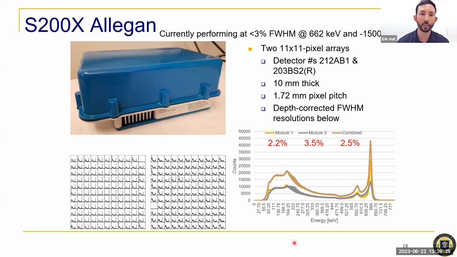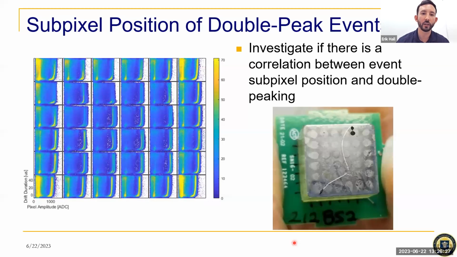A problem that we've been investigating is, if you remember back, we're looking for a photo peak across all depths of the crystal. But we noticed with these samples that if you look here, like in this pixel or in this pixel, it looks like there are two photo peaks right next to each other, and it's happening to all these pixels in this crystal.